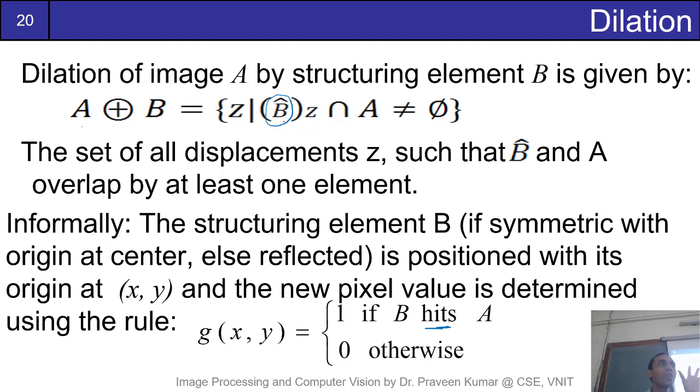But it doesn't matter much, because most of the time the structuring elements that we'll use are symmetric, and most of the time the origin is at the center. So whether you reflect it or not, you get the same structuring element. So most of the time it will not make a difference, but sometimes a tricky question may be given where the origin is shifted somewhere, and if you don't reflect it, then the output will be different. But for most practical purposes, it really doesn't make much difference, because almost all the time we choose the origin at the center and use a symmetric structuring element.